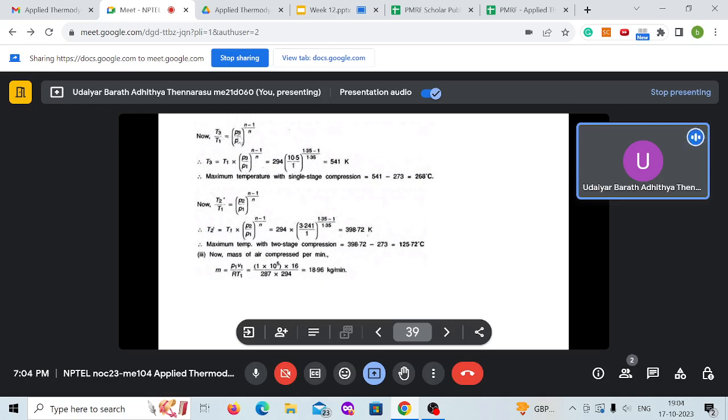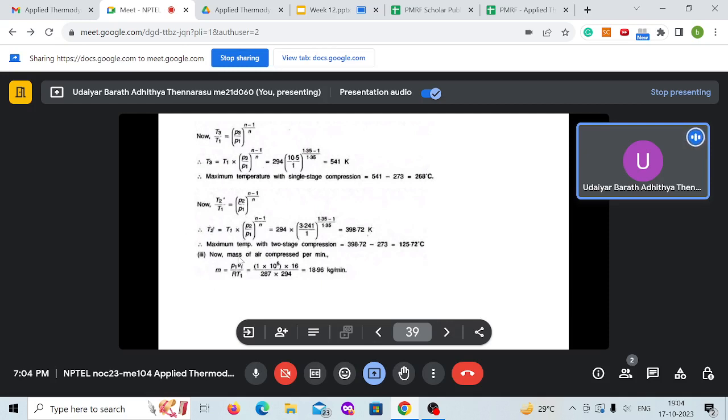T3 by T1 equals P3 by P1, and P3 by P1 is 10.5. So your T3 will be 541 Kelvin or 268 degrees Celsius. Similarly, for a two-stage process, your T2 will be T1 into P2 by P1 raised to power n minus 1 by n. This will come out to be 398.72 Kelvin or 125.72 degrees Celsius. So if you see, we have brought down the temperature by more than 140 degrees Celsius by intercooling.